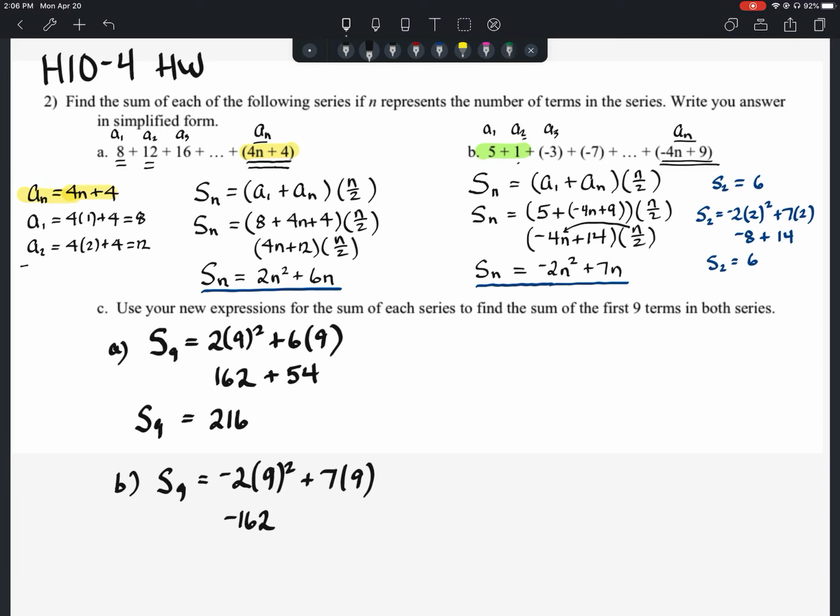And then plus 7 times 9 is 63. So negative 162 plus 63 should be negative 99. So the sum of the first 9 terms of that series is negative 99.